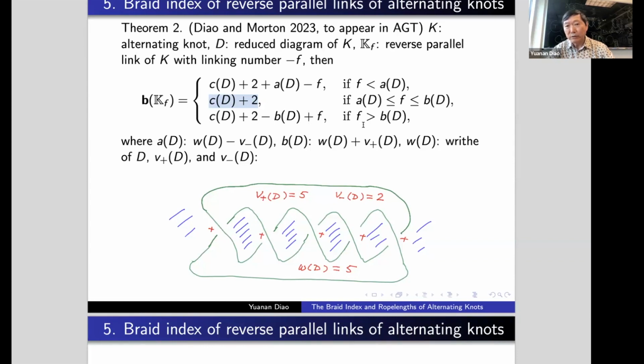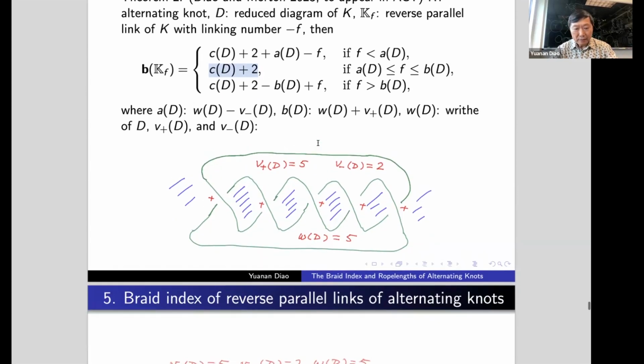And if F is bigger, then you also add the difference, F minus B(D), which is also positive. So this is telling you that if the linking number is within some range, then your Braid index is this fixed number, but beyond that range, you have to add more.